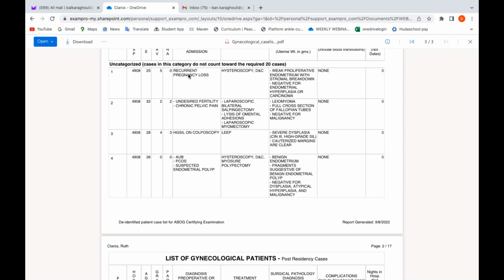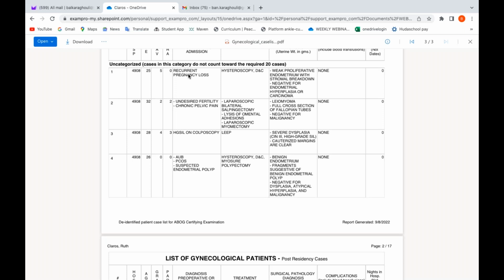Okay. And what are some causes of recurrent pregnancy loss? Usually there can be uterine abnormalities that are causing it, like a uterine septum, or a submucosal fibroid or something in the uterus.